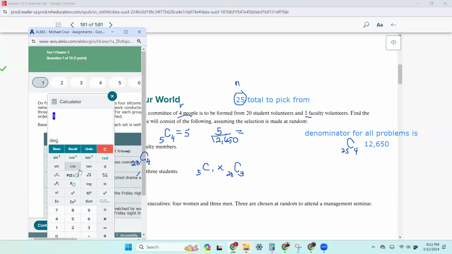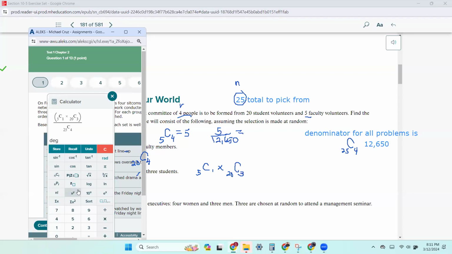So up in the numerator, and this is a good thing about this calculator, it allows you to stack these things. And then we're dividing that by the 25C4, which we already know is 12,650, but I just wanted you to see how it looks.